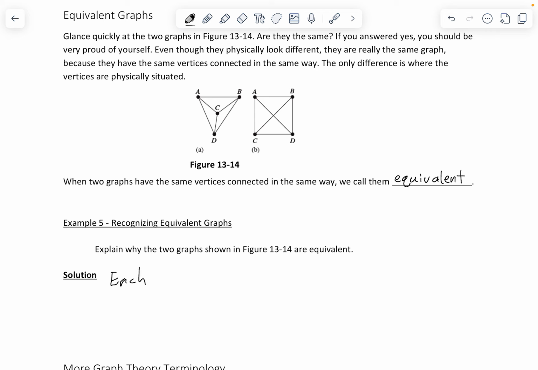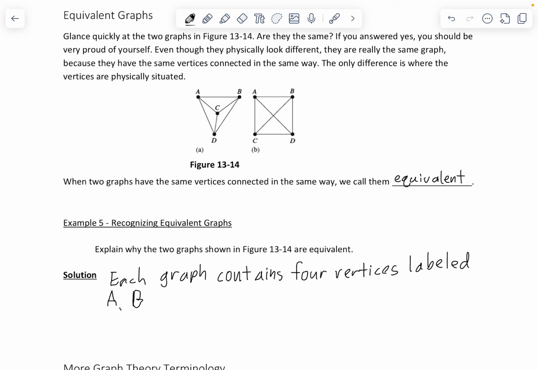Each graph contains 4 vertices, and they are labeled A, B, C, and D. Sorry, my pen is messing up on me again.